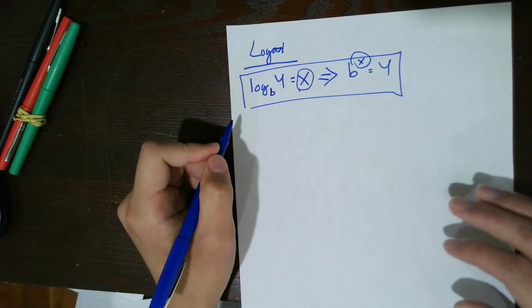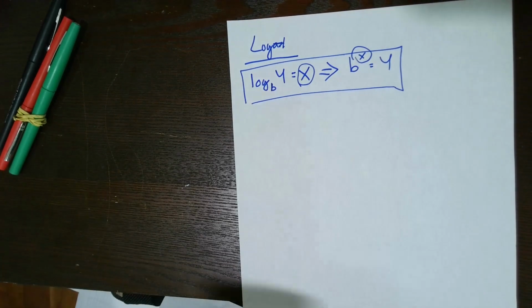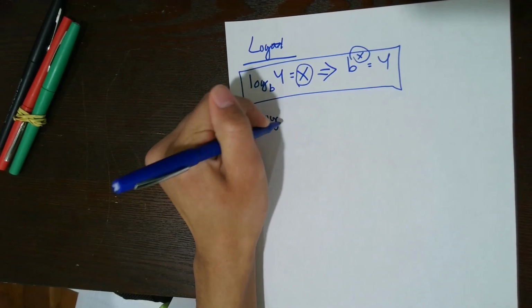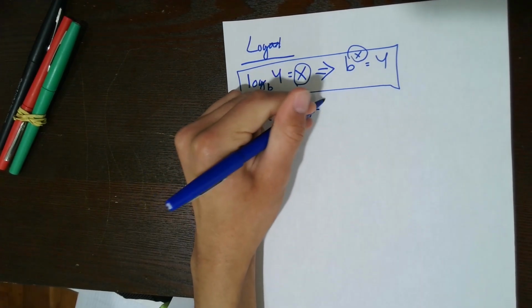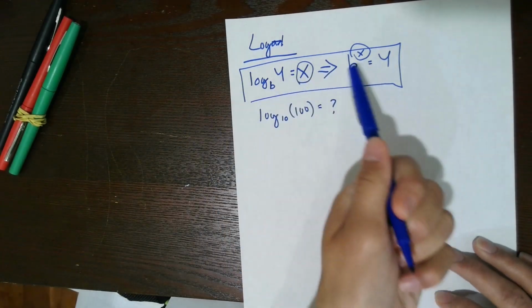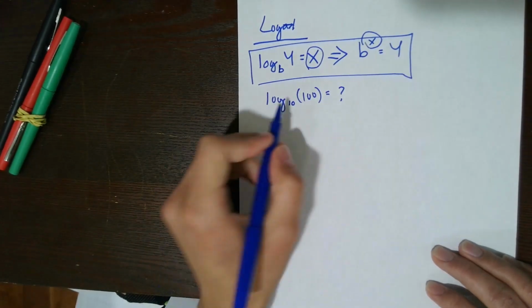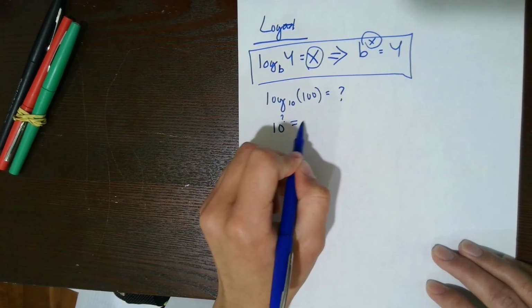So this can help you simplify and solve problems, because let's say you have to evaluate log base 10 of 100. What does that equal? Well then, if you can rewrite it in this form, you can logic your way through the problem. So you take 10, you raise it to something is equal to 100.